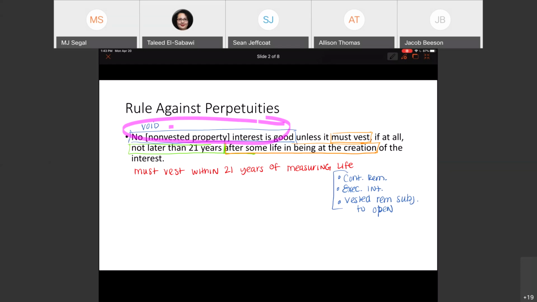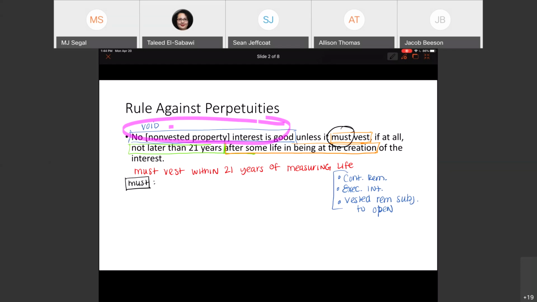So let's start with the word must. What does must mean? Okay, you might think, I know what must means, Dr. El-Sabawi. Yes, you do. But in property, remember, we don't use the normal definition of a word.